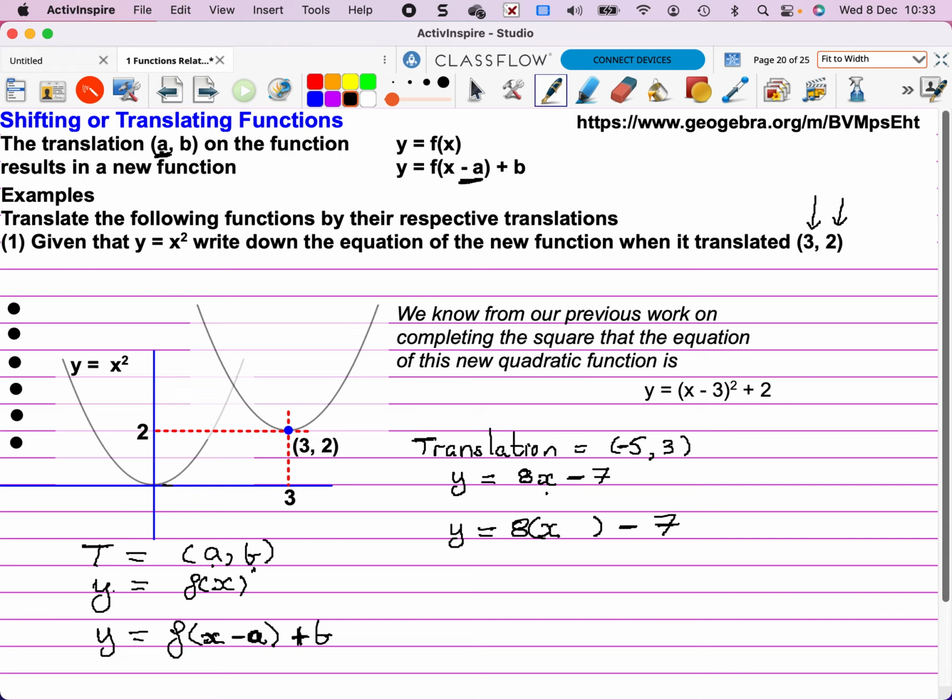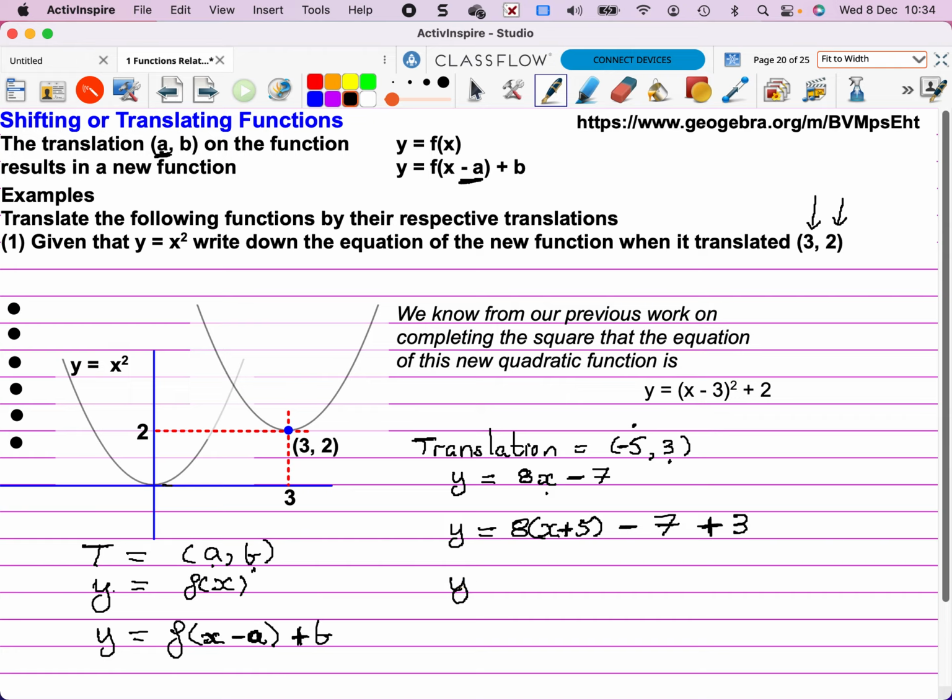And then we look at the translation in the x direction, and we can see it's a minus 5. So when we slide it into the empty bracket, we change its sign. That's what you've got to remember. This number here is the sliding motion in the y direction. It keeps its sign, so it remains as a plus 3.